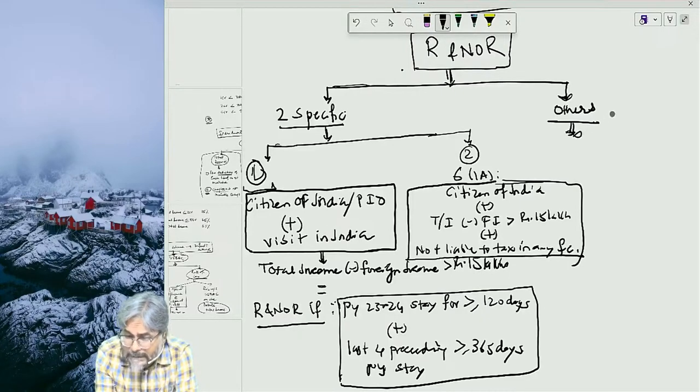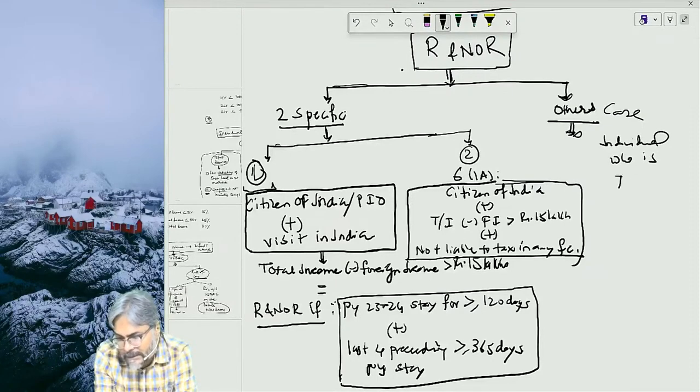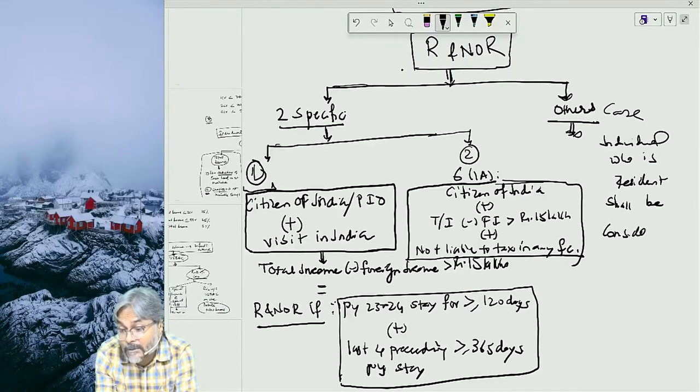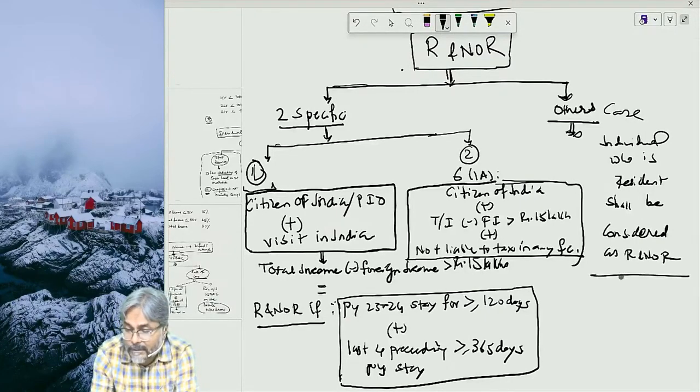That for all the other cases, an individual who is a resident shall be considered as R and NOR if two things.